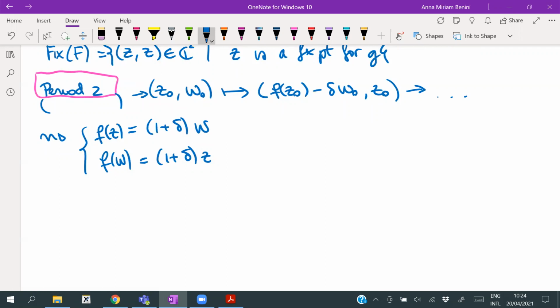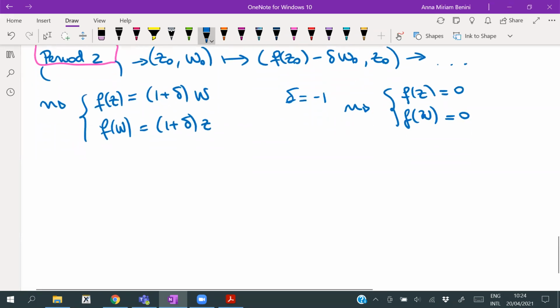Anyway, when delta is equal to -1, who are the solutions? Your equations just become f of z equals 0 and f of w equals 0.